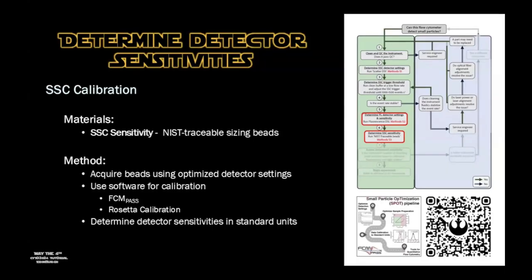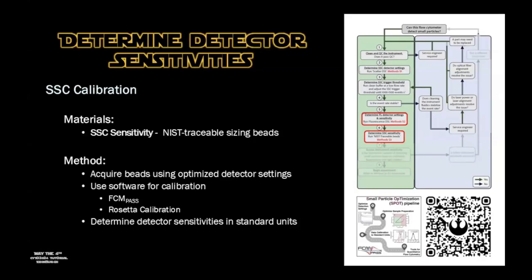Light scatter calibration isn't currently facilitated by most conventional flow cytometry analysis packages. To facilitate it, you'll need some NIST traceable size standards, and it's really critical that you use these and not fluorescent beads such as fluorospheres or megamix beads, because they're not size standards, they're not homogeneous, and they don't have a single refractive index. Because they're fluorescent, they have a complex refractive index. It's really important for software like FCM-Pass that it can derive the collection angle.